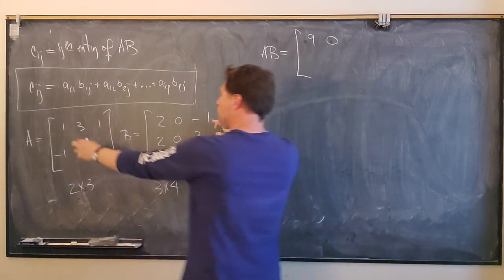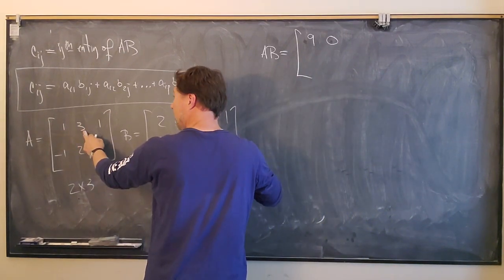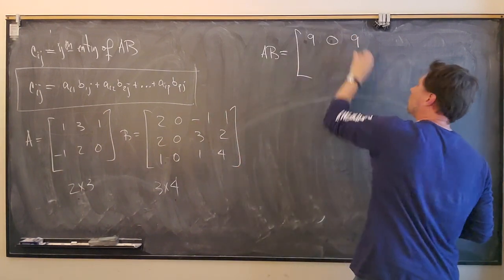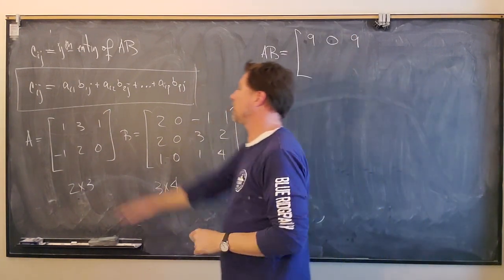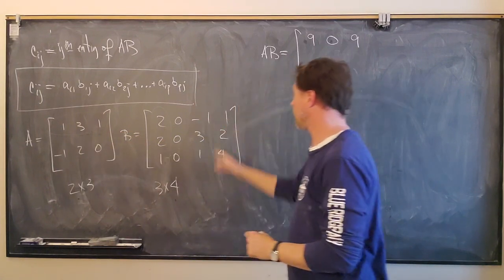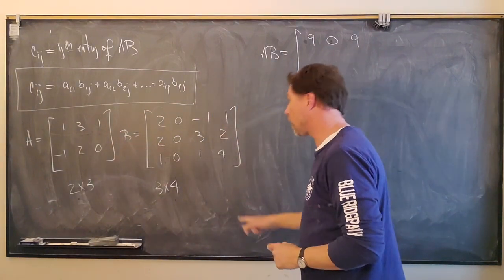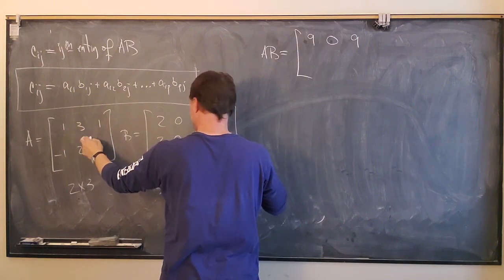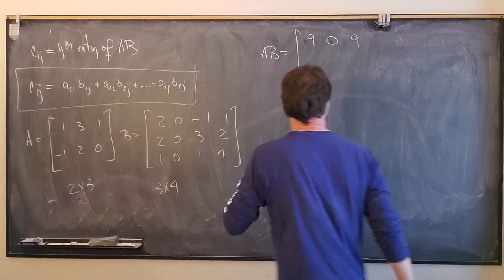That will be minus 1 plus 9 is 8, plus 1 is 9. Now first row dotted with the fourth column. That will be 1 plus 6 is 7, plus 4 is 11.